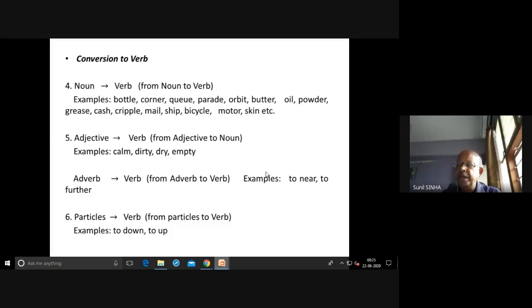He went up the street, he went up the hill, he went down the street. So down and up, these are particles. But down can also be used as a verb, like he downed the shutters of the shop. So down has been used as a verb. So particles can be converted into a verb.